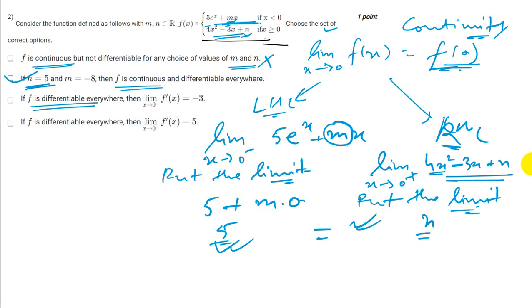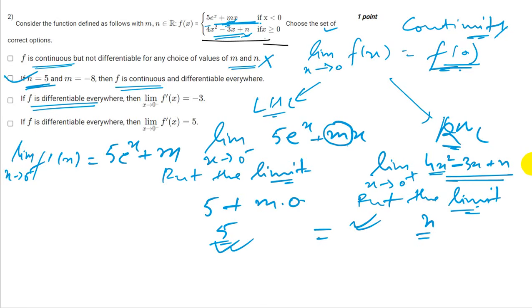Let us take that we are taking this set of value, because this question doesn't state what we have to take. So f dash of x would become, for limit x tends to 0 minus, so for 0 minus we'll take this, which is nothing but 5 e to the power x plus m.